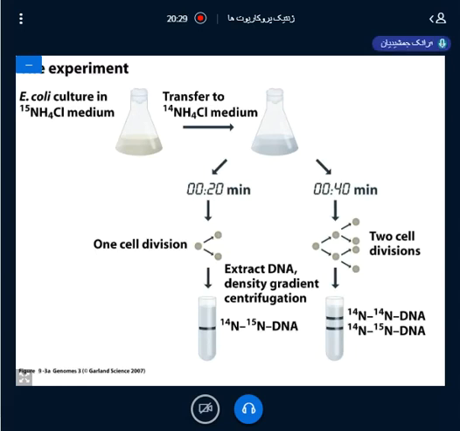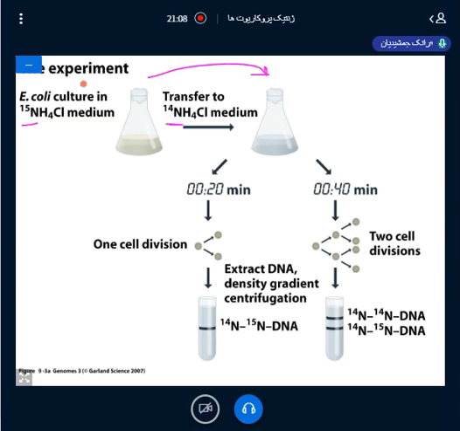There was an experiment that showed B is correct. What was that experiment? At first, they put the E. coli in the culture medium, which has nitrogen 15, isotope 15 of nitrogen, and then they transferred the bacteria to the medium which had nitrogen 14.